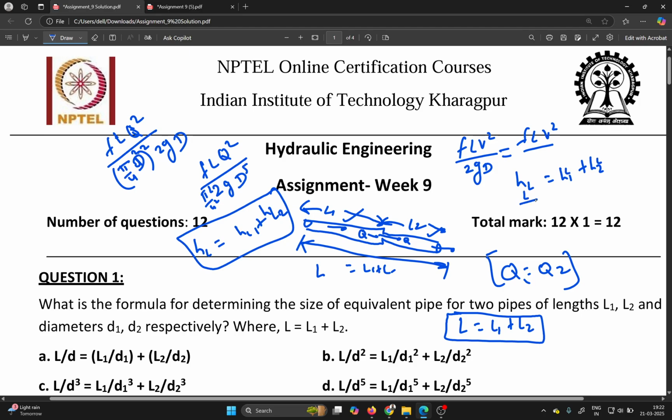So L by D to the power 5 is equal to L1 by small d1 to the power 5 plus L2 by small d2 to the power 5. Here is 2, here is 1. So hope everyone got it. You need to calculate this. So option D will be correct here.